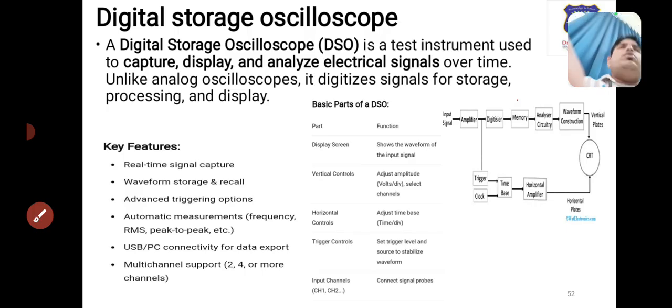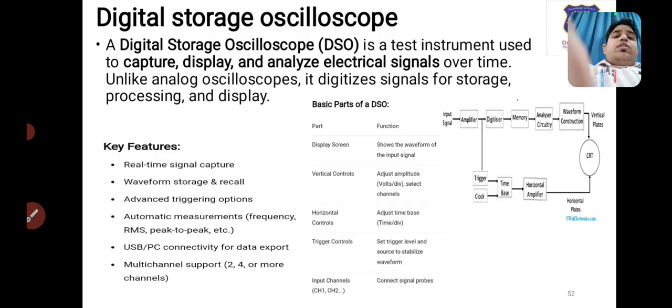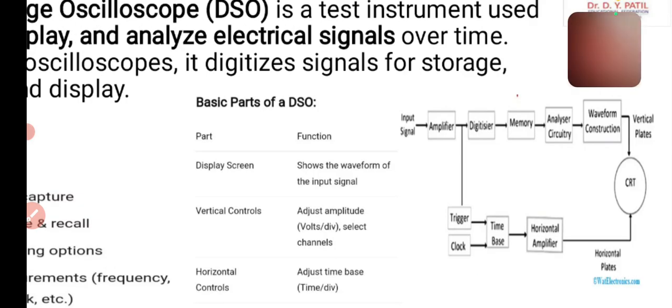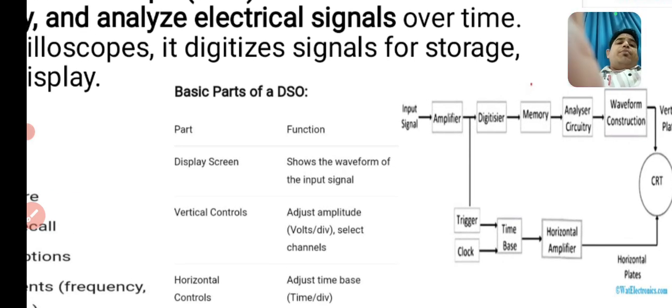Digital storage oscilloscope, we are already familiar with that. It is used to test the instrument, capture the display, and analyze electric signals over time. Unlike the analog oscilloscope, it digitizes the signal for storage, processing and display. It contains the input signal, then it amplifies that and digitizes it, converting it into digital form.